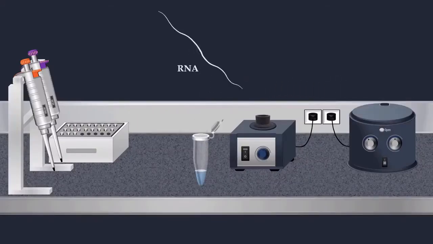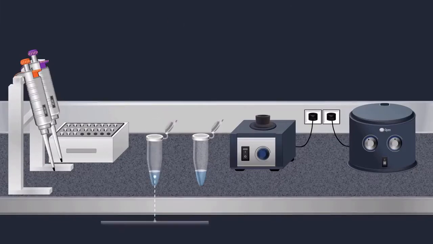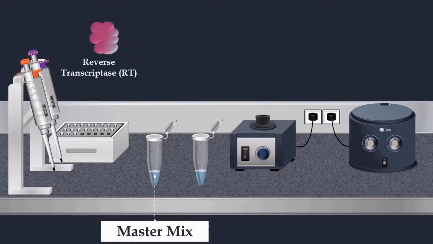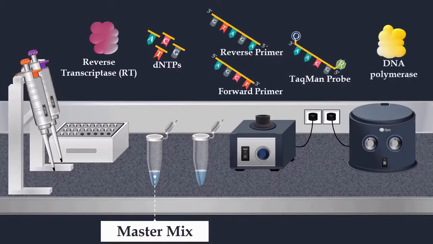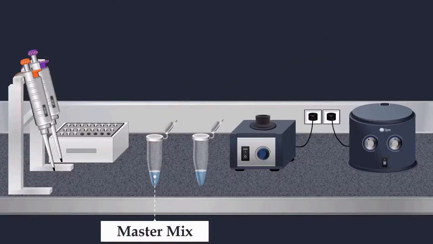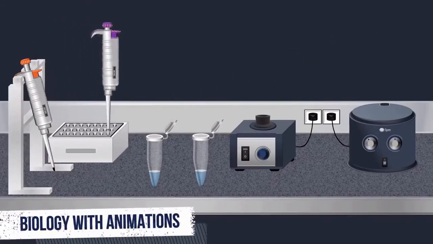After the extraction of the viral RNA, the next step is the preparation of the reaction mixture for PCR amplification. In this step, a master mix is used, which is a premixed concentrated solution that consists of buffer, reverse transcriptase enzyme, nucleotides, forward primer, reverse primer, Tachman probe, and DNA polymerase. Finally, to complete this reaction mixture, the RNA template is added.